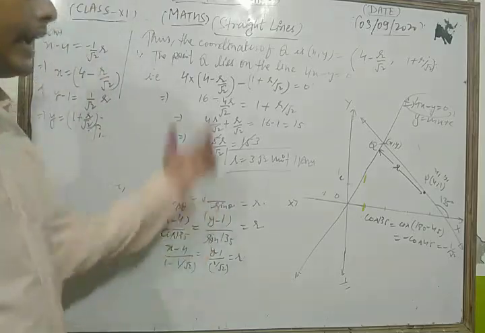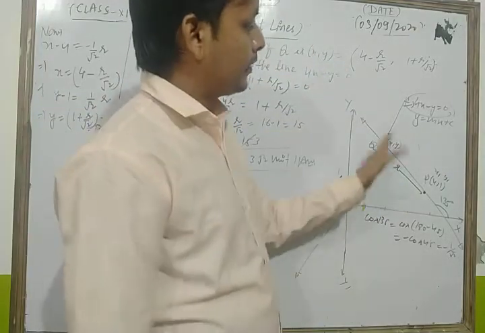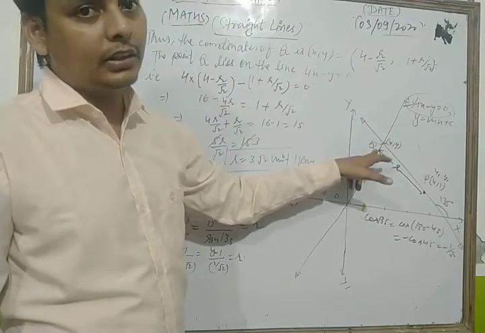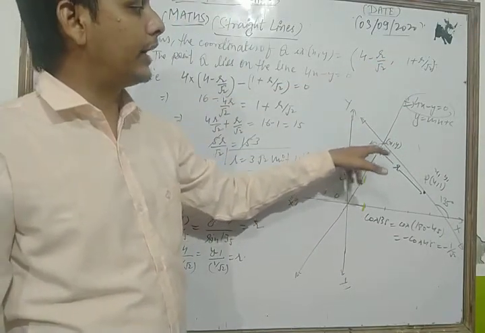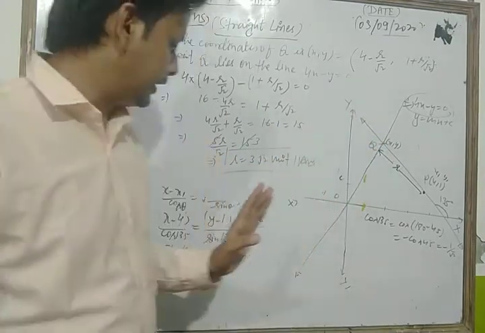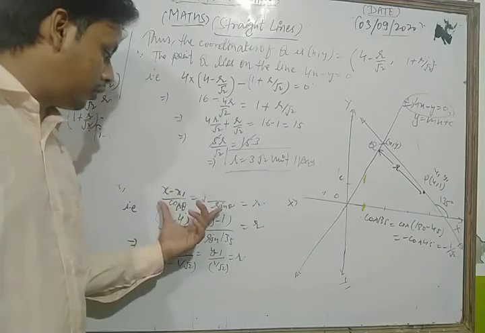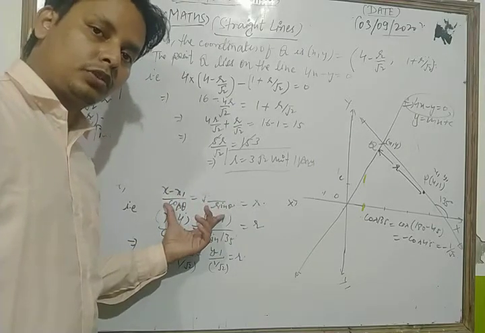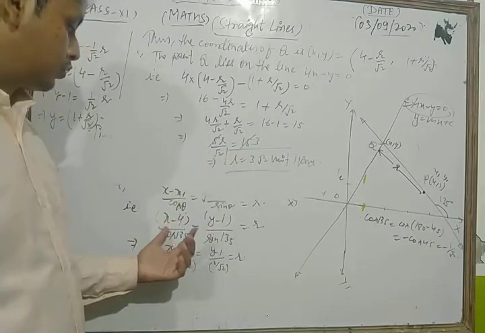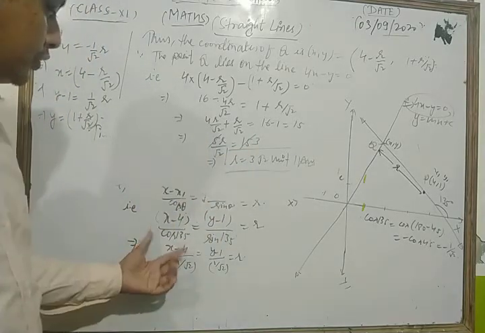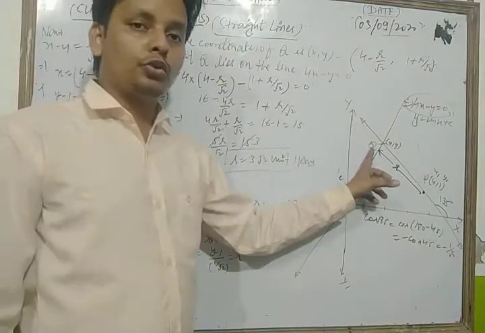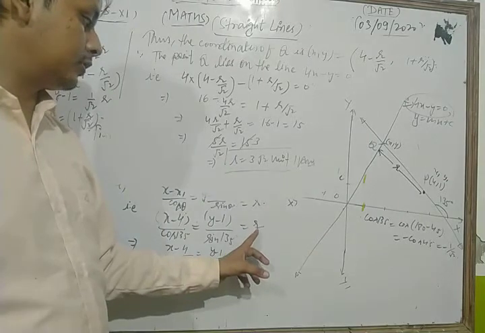Suppose this line intersects the previous line at point Q, and we take the coordinates of Q as (x, y). Now we form an equation. This is the general equation of the line in distance form, so we put each value in this equation and find the coordinates of Q in terms of r.